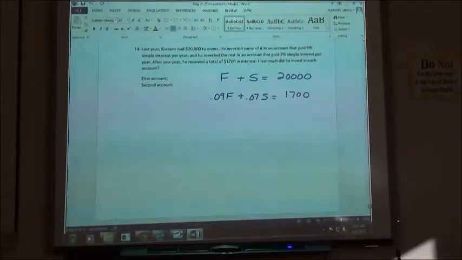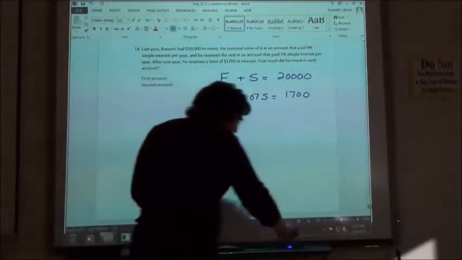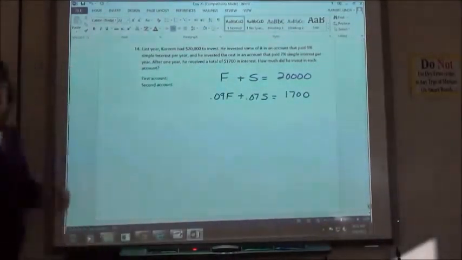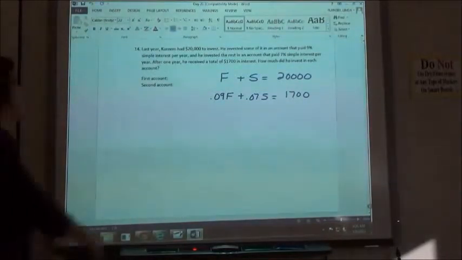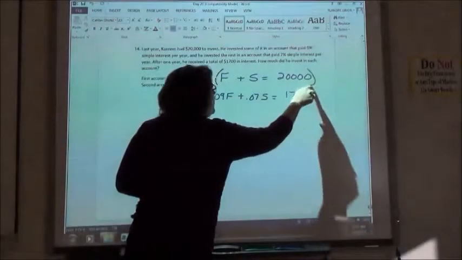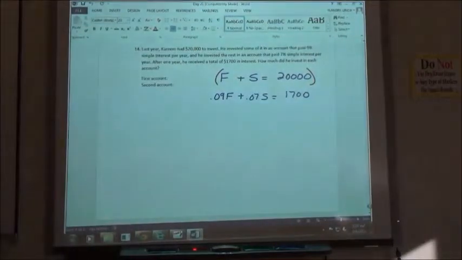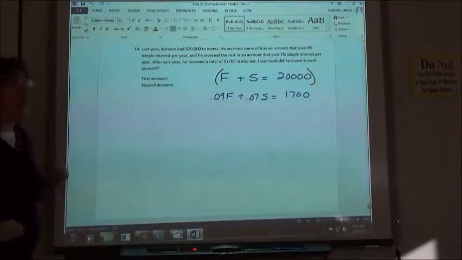So these once again are going back to that addition method where we can eliminate either the first or the second one. It doesn't really matter. You guys seem to prefer to get rid of the first one, so we'll get rid of the first one. We're going to take that top equation, and what should we multiply it by? Negative 0.09, right? So that we have opposites in front of our f's.